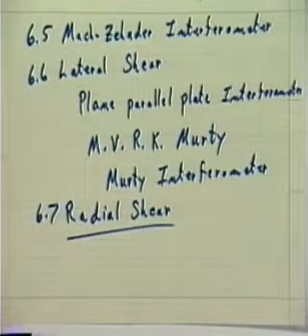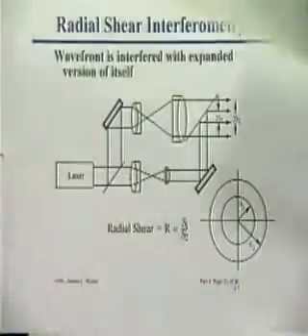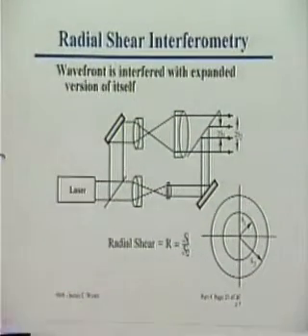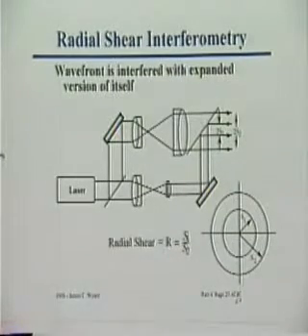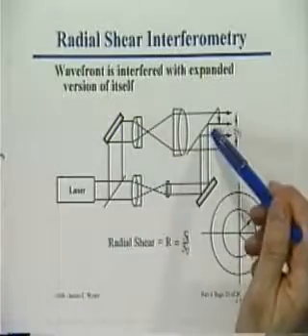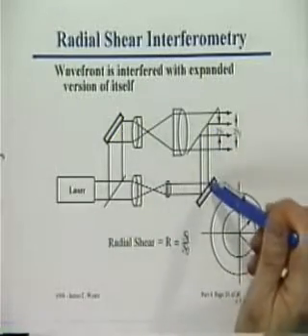And for that, I will again go to the view graphs. And again, I show a laser as a light source, but it doesn't have to be a laser. We start off with an interferometer that looks, for this example anyway, a lot like a Mach-Zehnder.